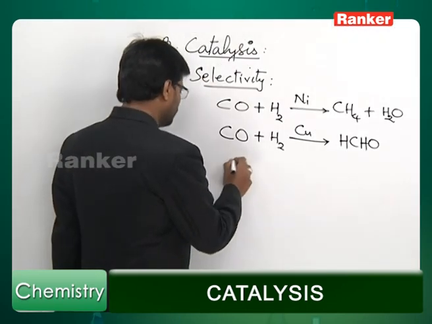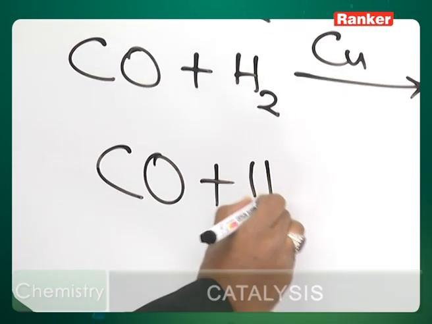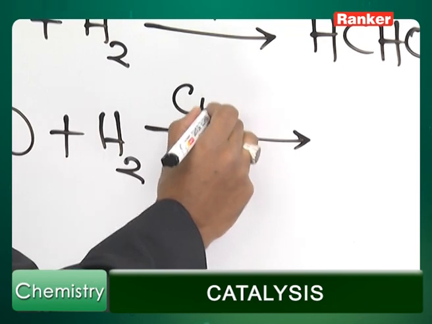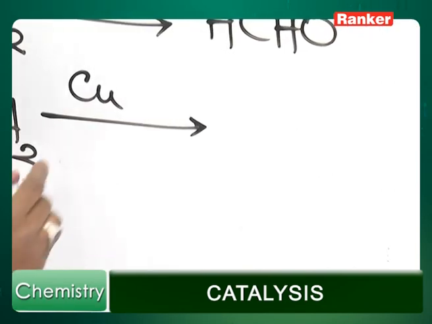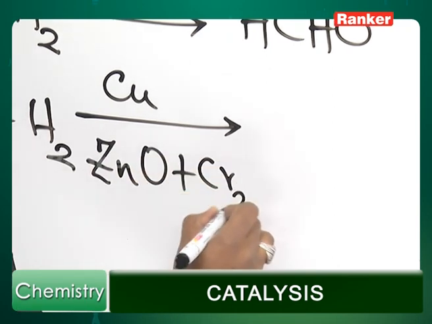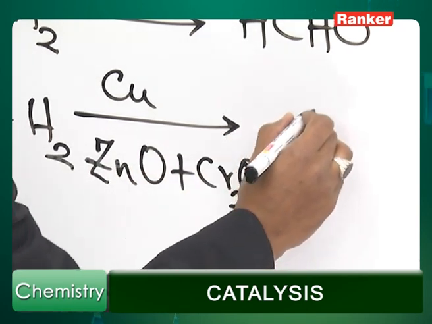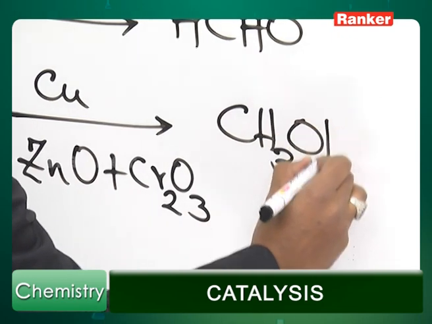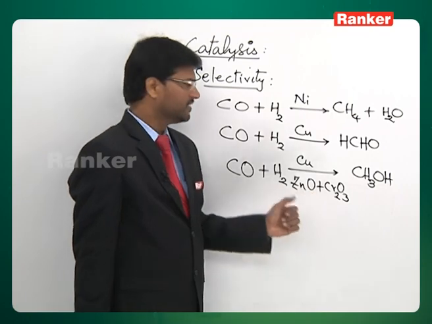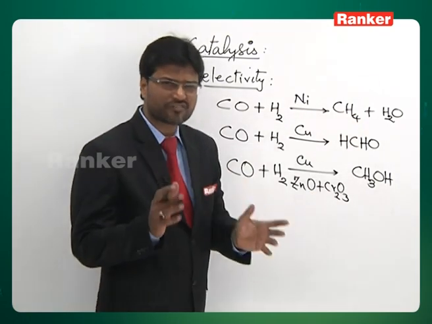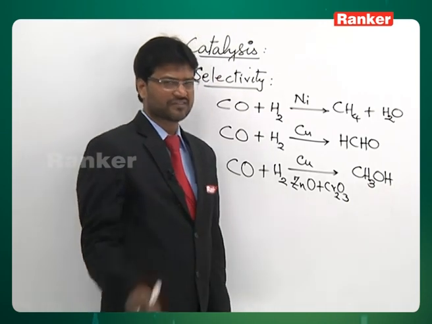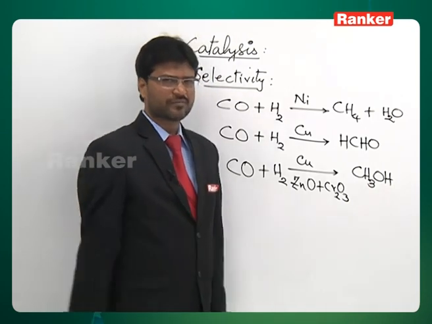And the same mixture of carbon monoxide and hydrogen, if you change the catalyst to a mixture of copper in presence of zinc oxide and chromic oxide, Cr2O3, would give methyl alcohol. So you can see when you change the catalyst, the products are changing. That is what is called selectivity. Catalysts are specific in their reactions. They give rise to one particular type of product.